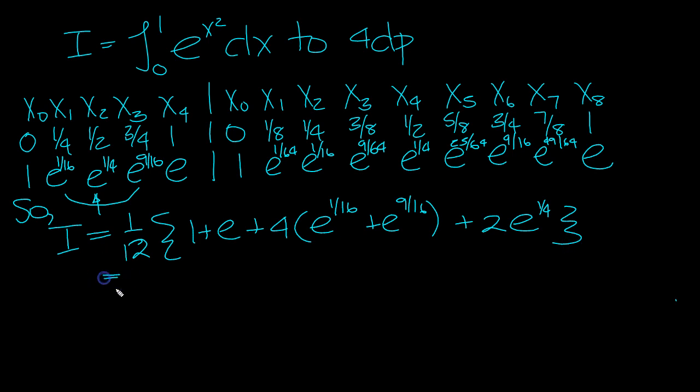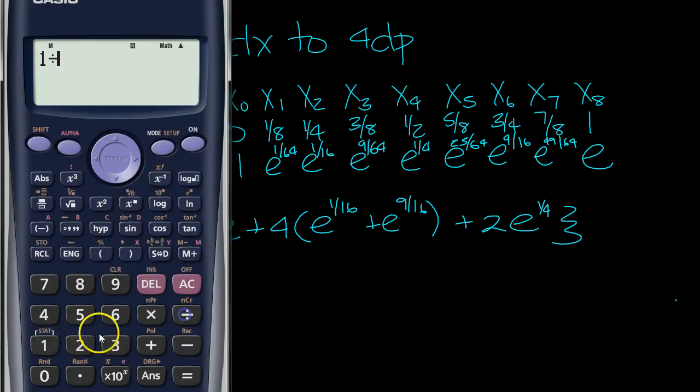Close bracket, equals 1/12 times bracket 1 plus e, then e to the 16th.